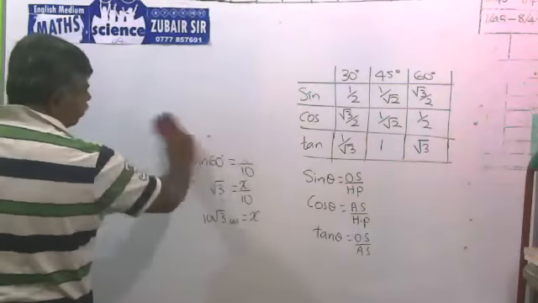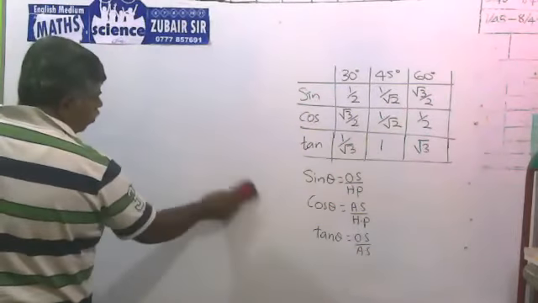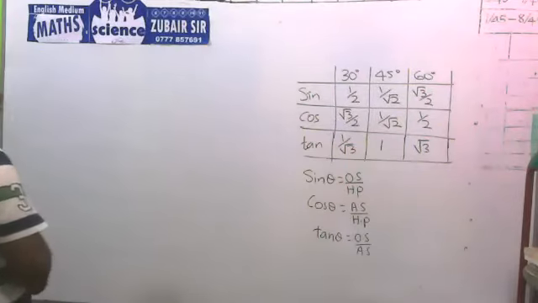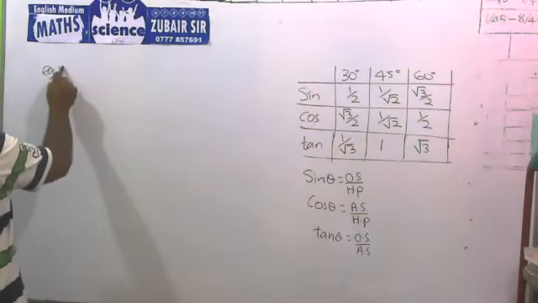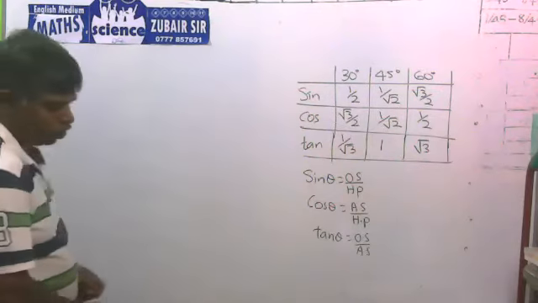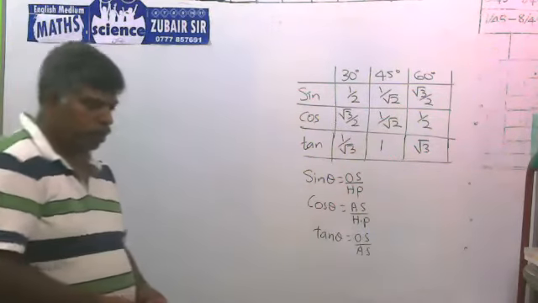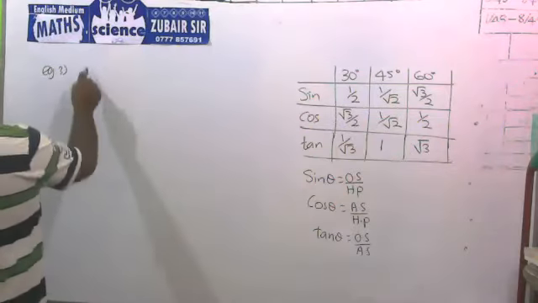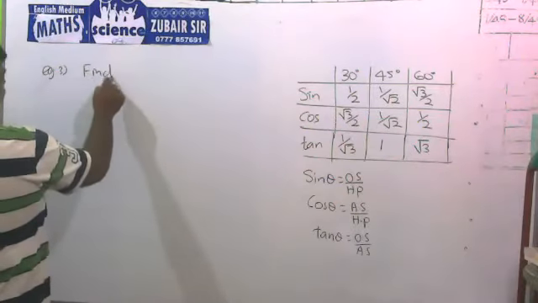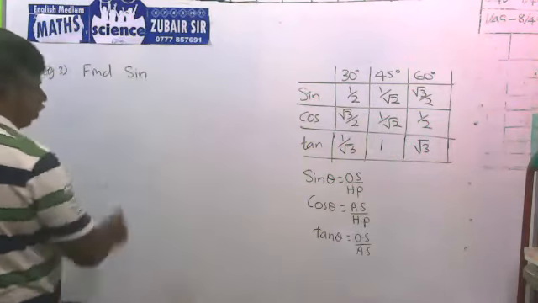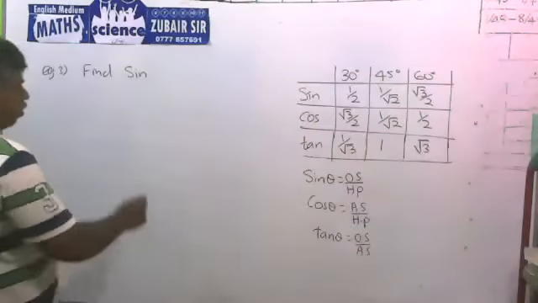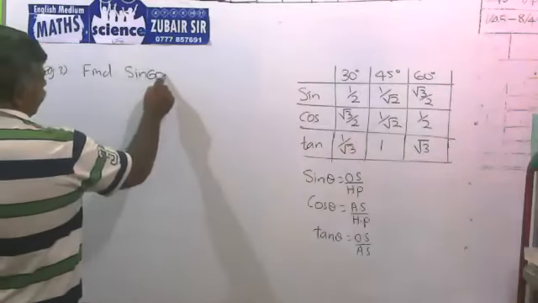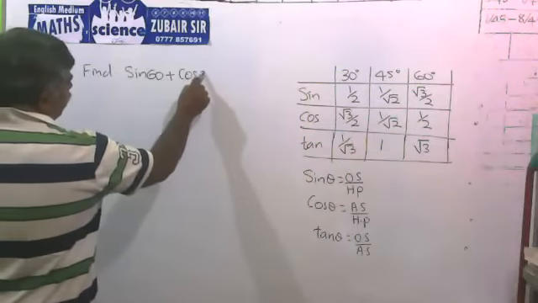So like this, length can be found by using the sine, cos, tan values that we have found. Then they are asking like this, find sine 60 plus cos 30.